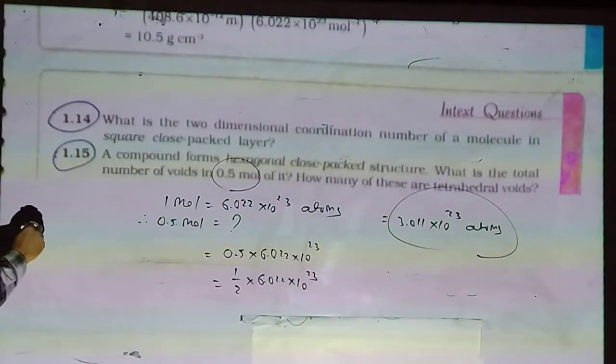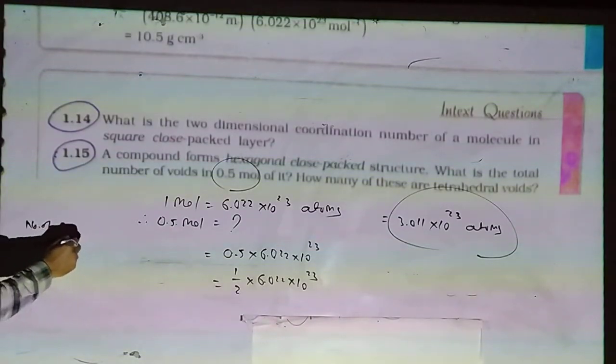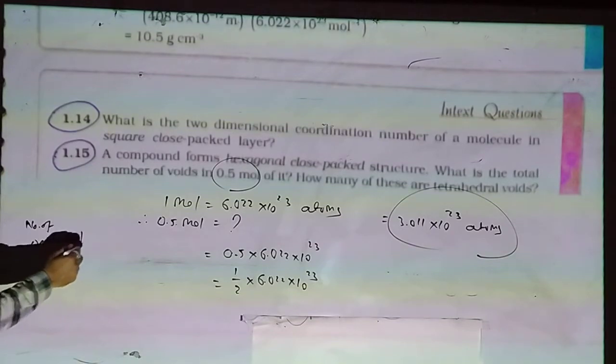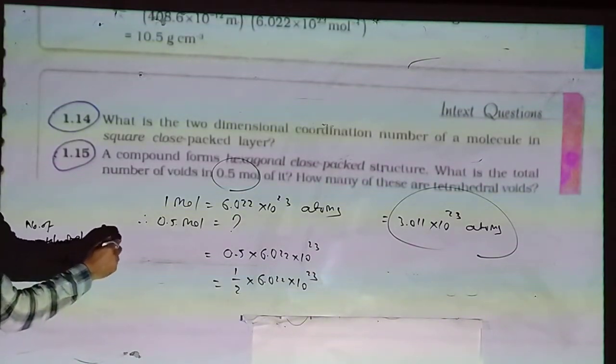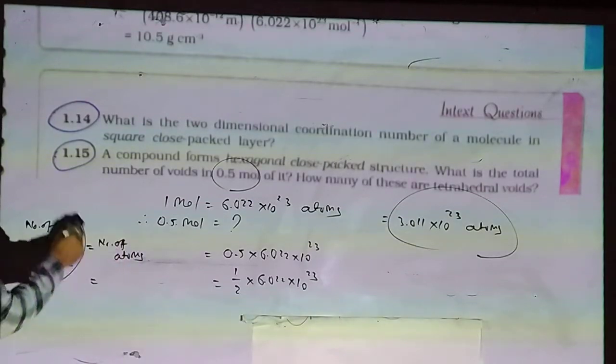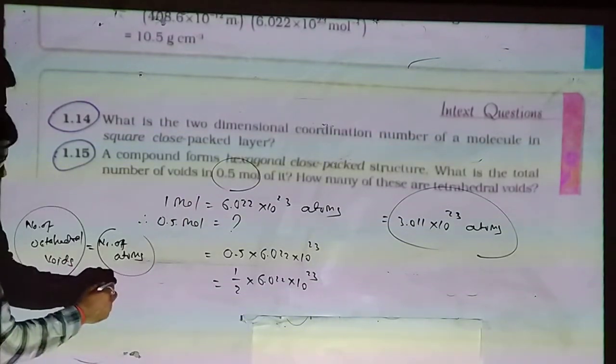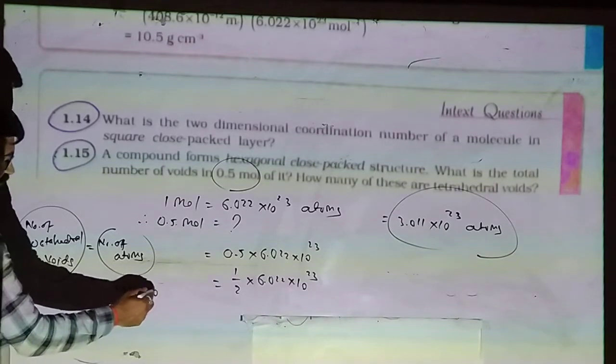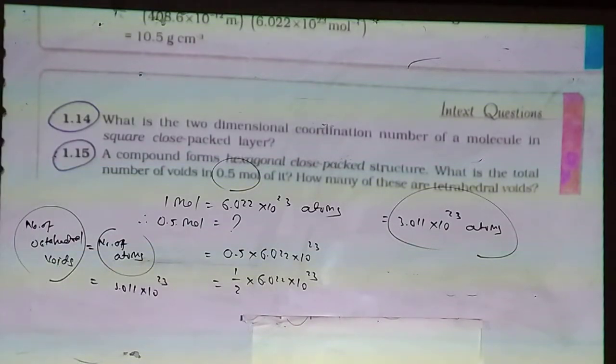Now the number of octahedral voids is equal to the number of atoms. So octahedral voids will be 3.011 into 10 raised to 23.